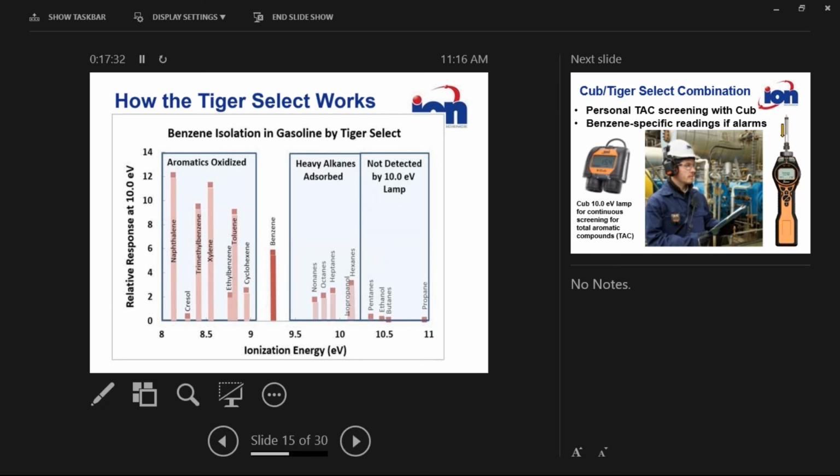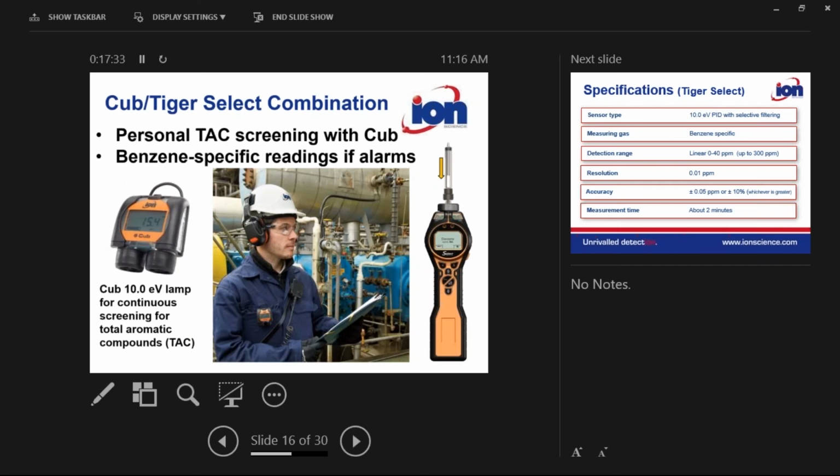Another way to use these is to combine them with a little badge type monitor that you clip onto your shirt. This is the Cub, and this contains just a 10.0 lamp. It allows you to continuously measure without having the more expensive Tiger Select instrument, without having to carry around the heavier or more expensive instrument.